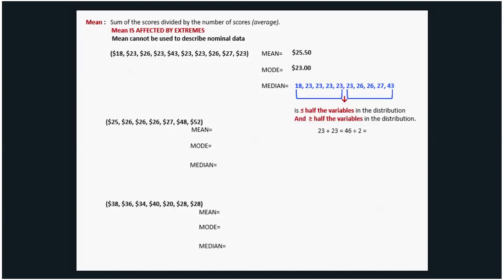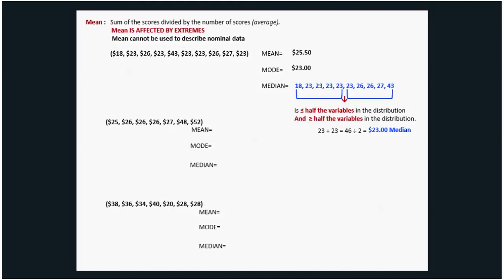So we're going to say that that's going to be 23. Now, if you do your mathematical computation, if you take 23 plus 23 equals 46 divided by 2, that's still going to get your 23. So if we look at this and we say, okay, our mean is 25.50 or $25.50, our mode is 23, and our median is 23.